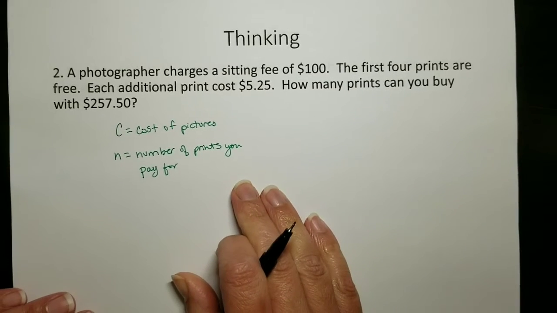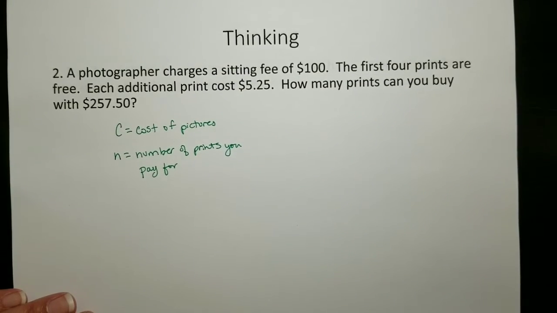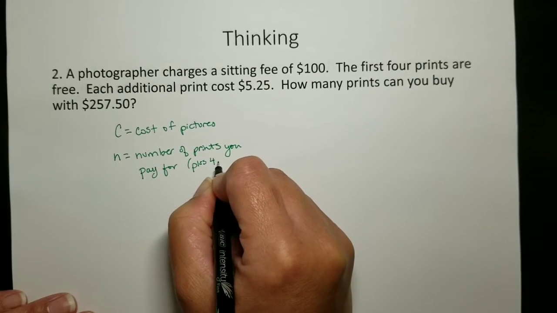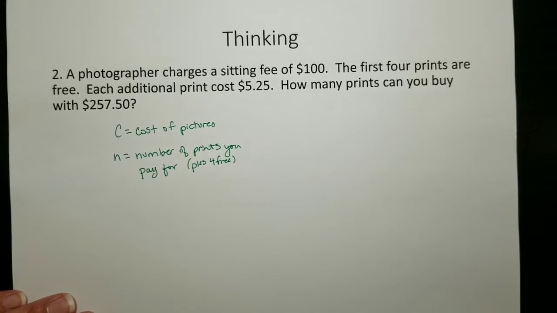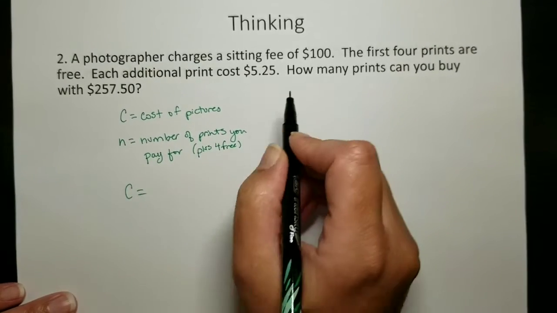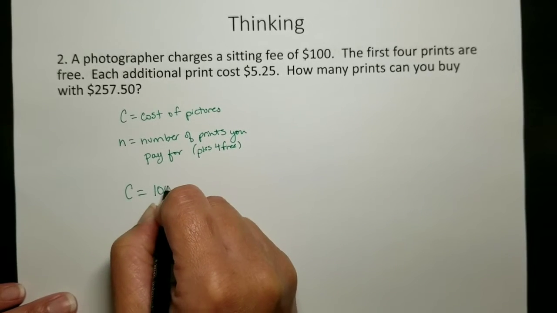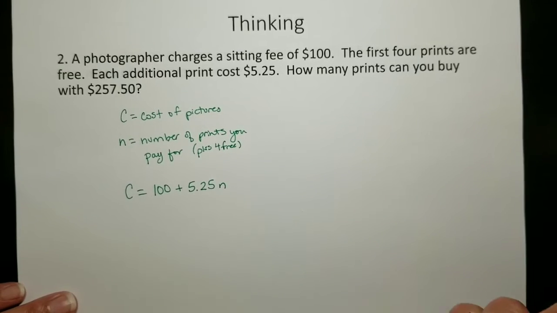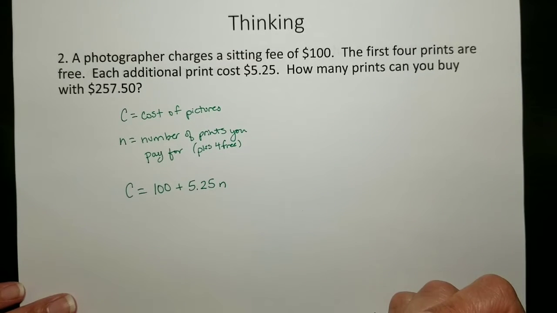So we're going to know that we would have the 4 free, but N is going to be the number of paid prints. So we know that C is the sitting fee of $100 plus $5.25 times how many prints we're paying for.